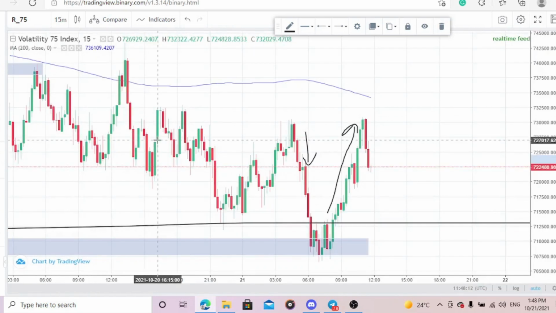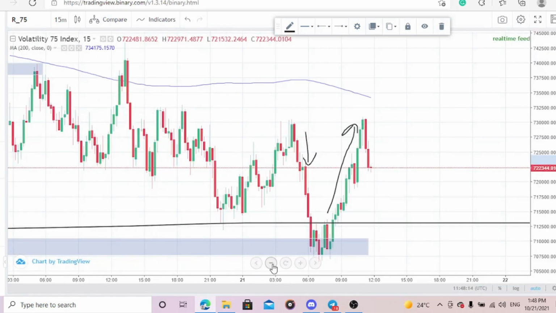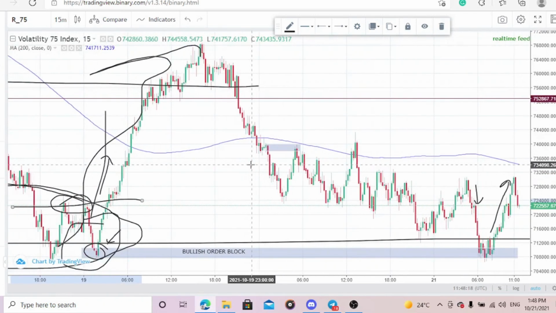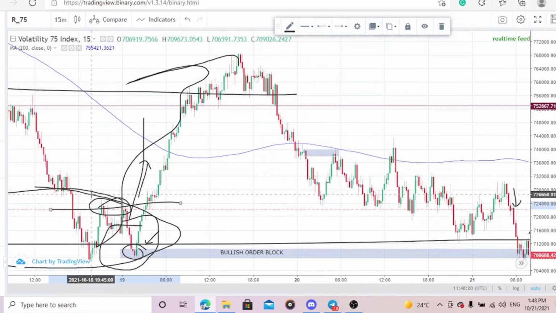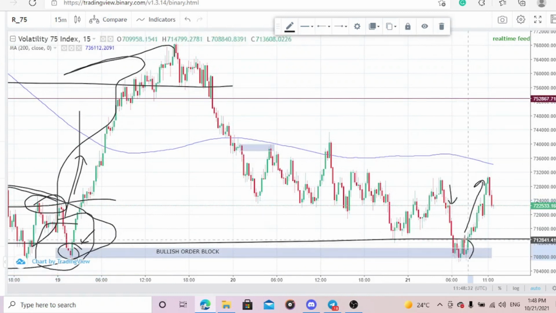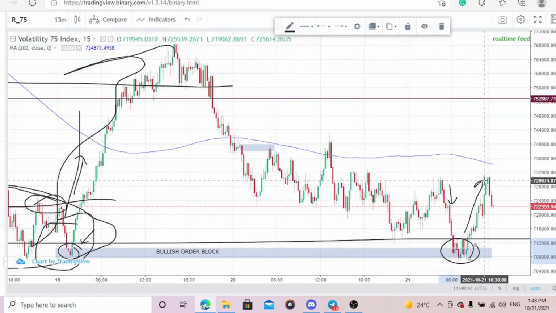Now we are back on the 15 minutes time frame. Sorry about all this mess here. So we have established that there is an order block. When the market came here, it did react to the order block, and then we placed our trade, and our stops were right up here.